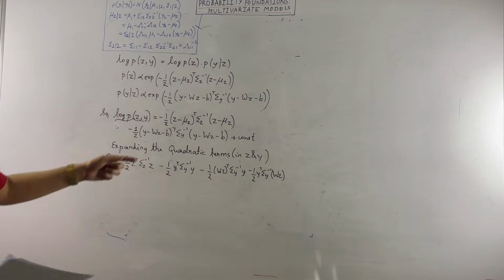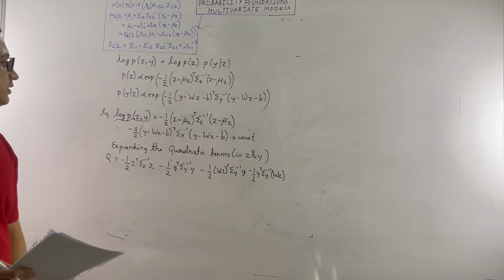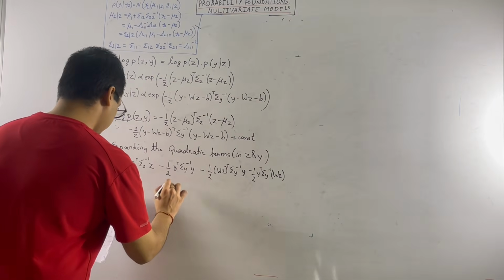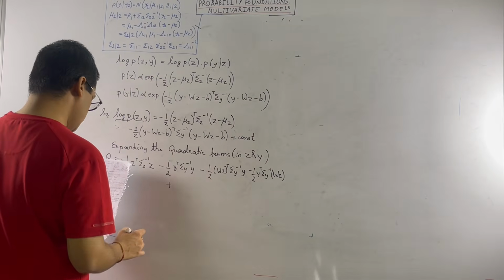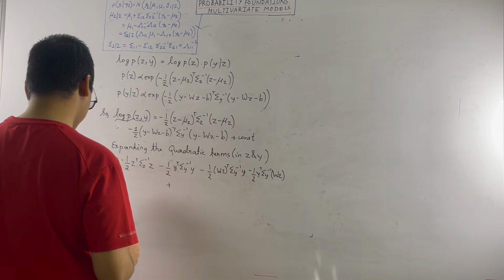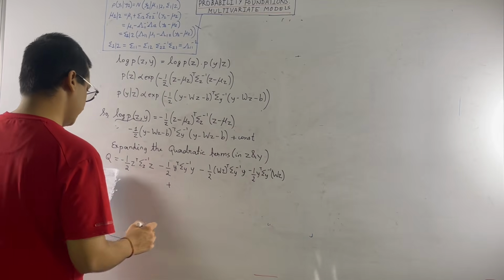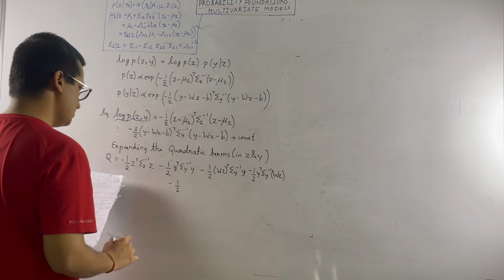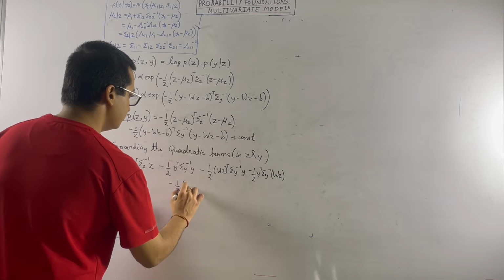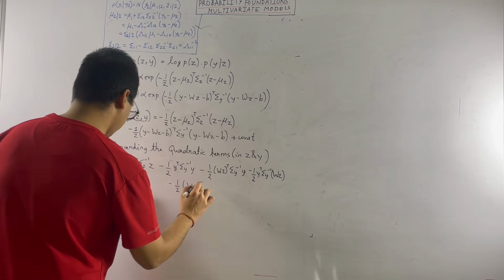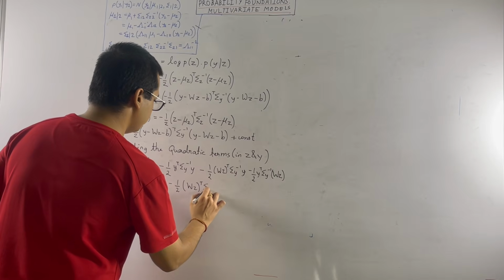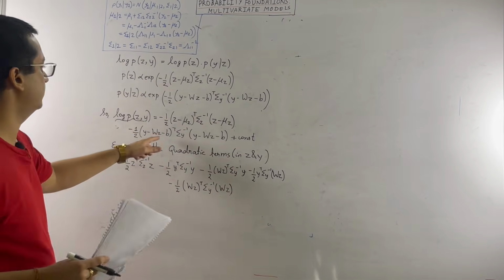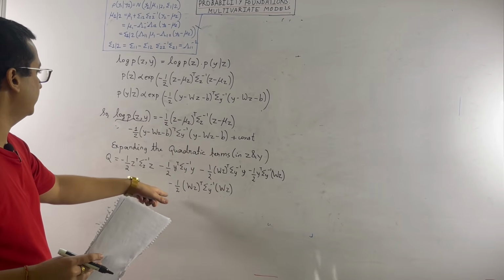And the last term is W_z with W_z, so that would be basically z. So we have a minus half, and we get W_z transpose Sigma_y inverse W_z, all right? So plus plus minus minus plus, so minus.